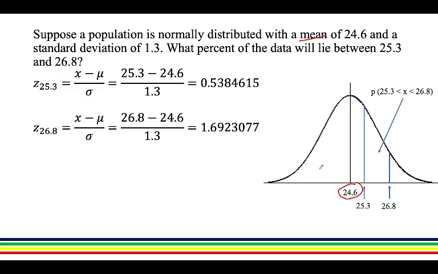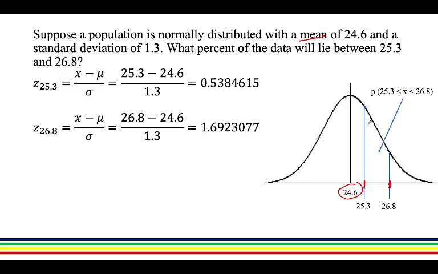And now we are tasked to find the percent of the data that will lie between 25.3 and 26.8. So 25.3 is approximately 0.54 of the z values. So let's just assume that the z value is here and the 1.69 is here.